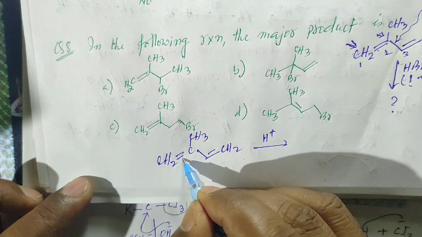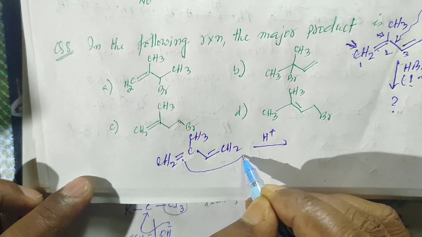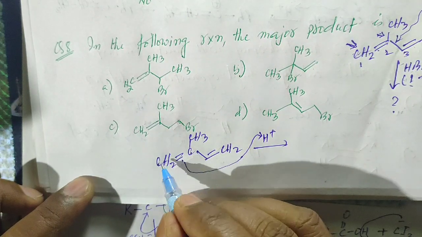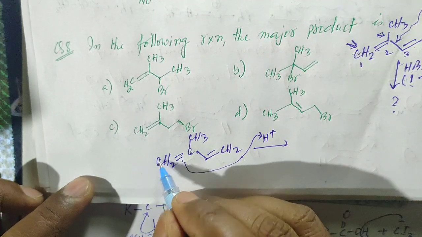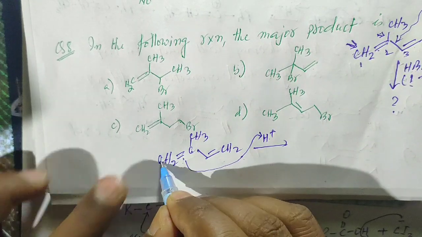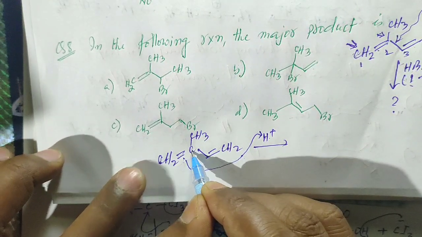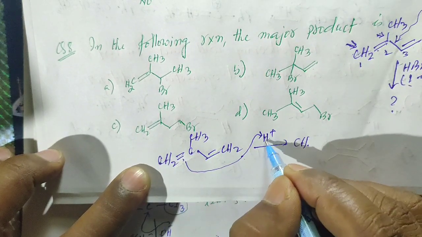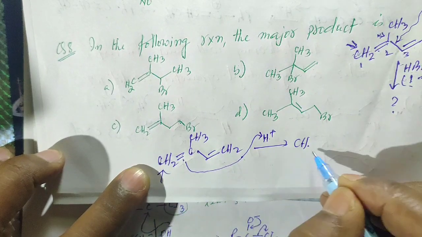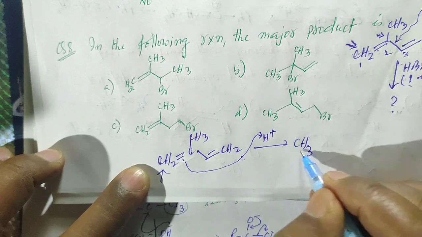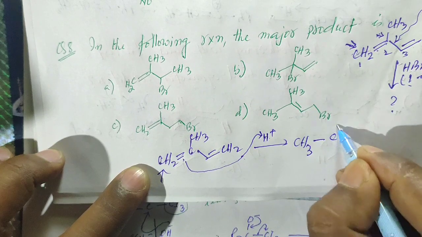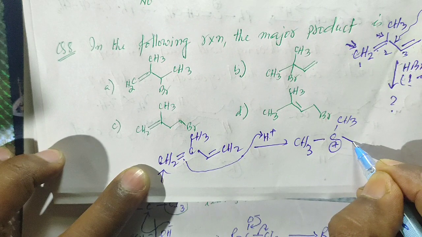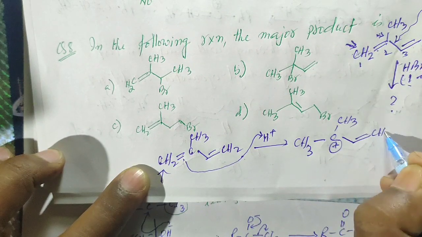When H plus is added to this carbon atom, this will carry a positive charge, but when H plus is added to this carbon atom, this carbon will carry a positive charge. So that is a more stable intermediate. So I am adding hydrogen plus to this carbon atom. So this will become CH3, and this will be our intermediate. This is a positive, and double bond is here, CH2.